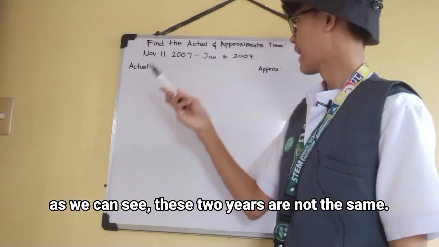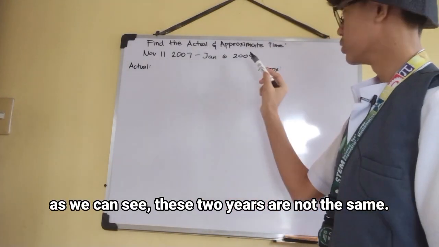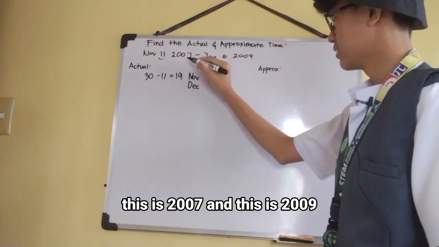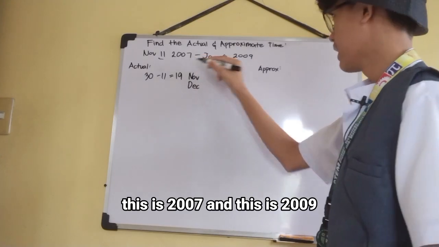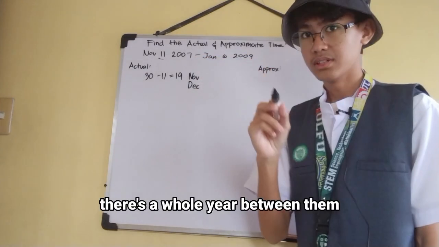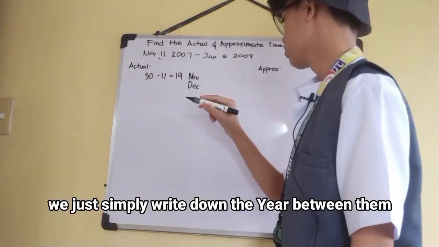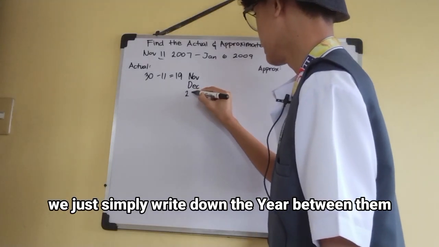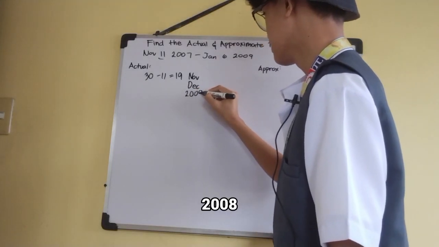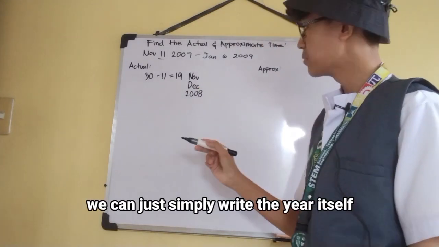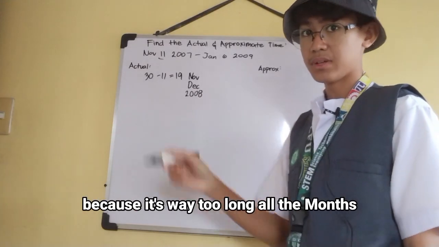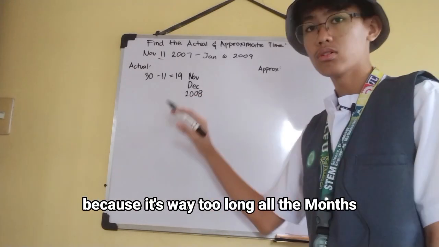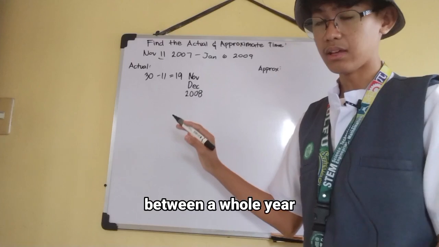Then list all the months between November 11, 2007 and January 6, 2009. But wait, as we can see, these two years are not the same. This is 2007 and this is 2009. There's a whole year between them. We just write down the year that's between them, 2008. We can simply write the year itself because it's way too long to write all the months of a whole year.